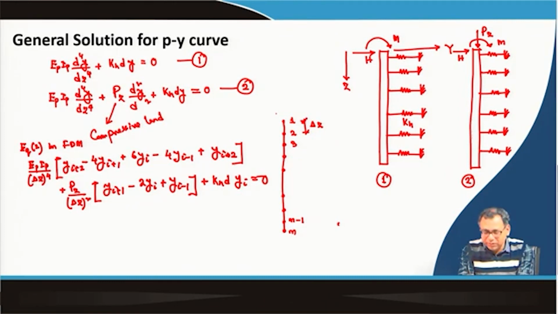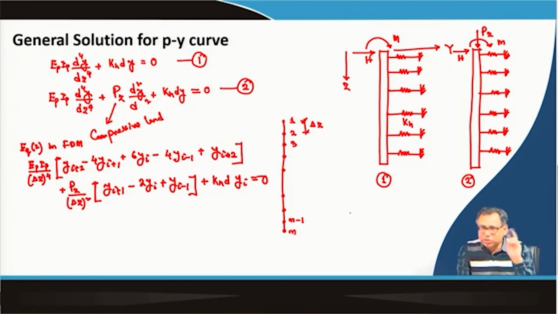If I want to use this equation at node number 2, one imaginary node will be required. Similarly, if I apply this equation at node number n, then 2 imaginary nodes will be required, n plus 1 and n plus 2, and for node n minus 1, 1 imaginary node will be required.